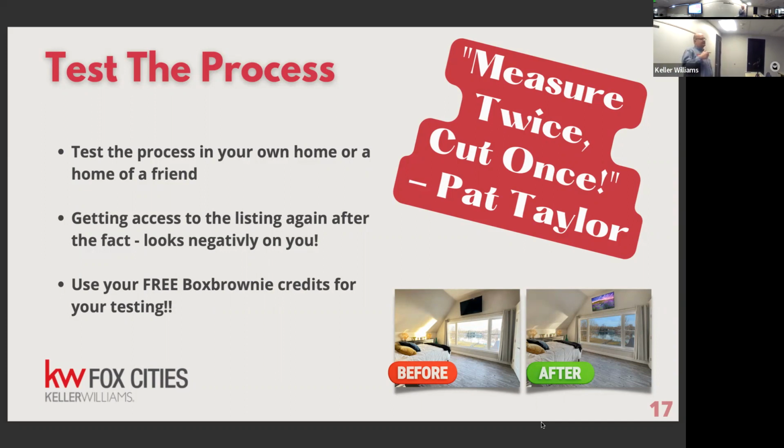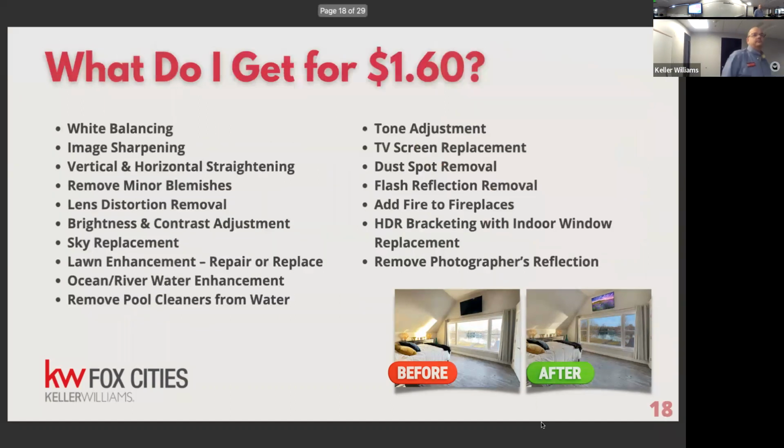So test your process first. And you can use your Box Brownie credits for your testing, so it shouldn't cost you very much. And if you want to go above and beyond, it's $1.60, and that's it.